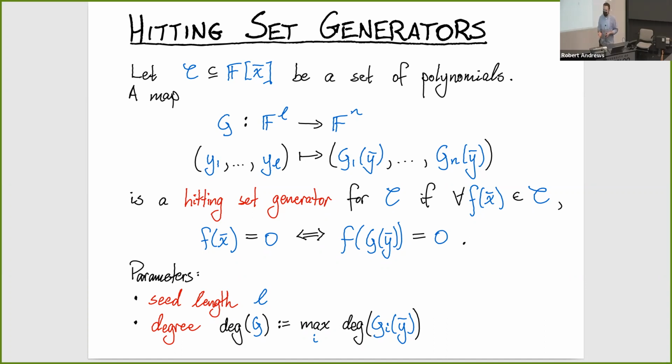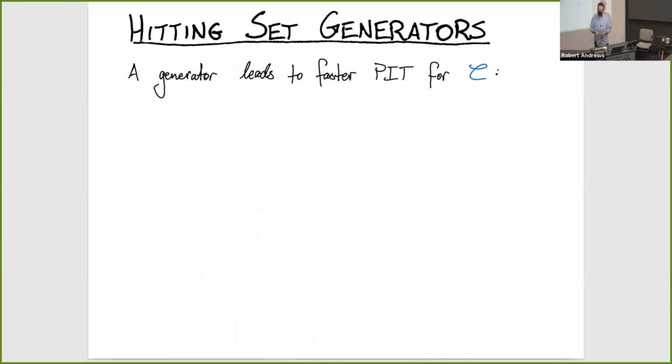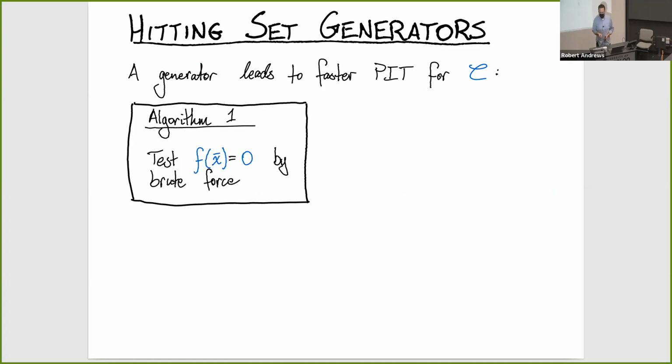Now, how do we use them for PIT? Well, let's think about this. So if I have a polynomial f that I want to test, and I have a generator, there are two algorithms that I could run. The first is I take f and I test it by brute force. And if I do this brute force test, how many evaluations do I need? I need (d+1)^n many evaluations. Now I have this generator sitting around. What can I do with that?